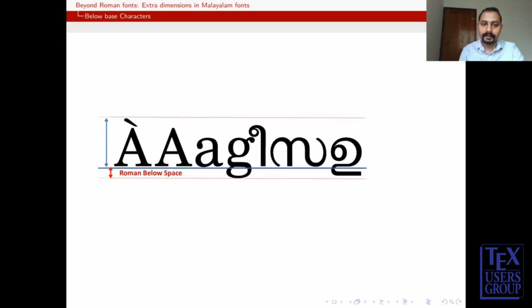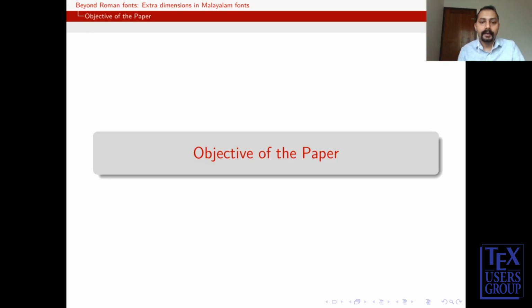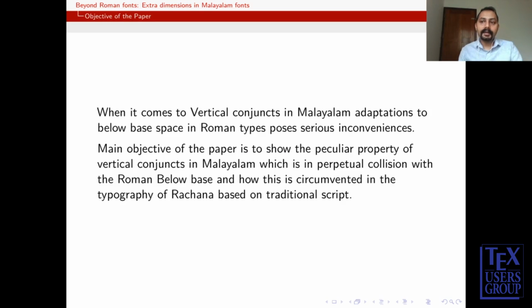And this causes a lot of problems for Malayalam because many of its conjuncts in the stacked form or the horizontal conjunct form need a lot more space below base. The objective of this discussion is to shine light on some of the problems that we faced with vertical conjuncts and the available below base space in Latin typography and font metrics.